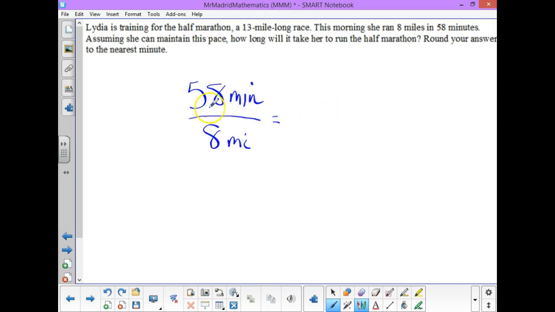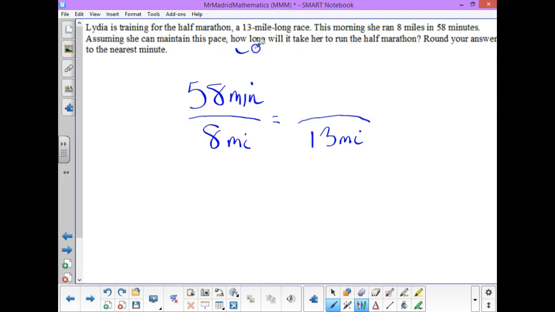Alright, so this is information that we can use to make estimations of other scenarios. So for example here, it's 13 miles. Okay, that is our concern, but there is no time frame for it. So it says how long will it take to run the half marathon?